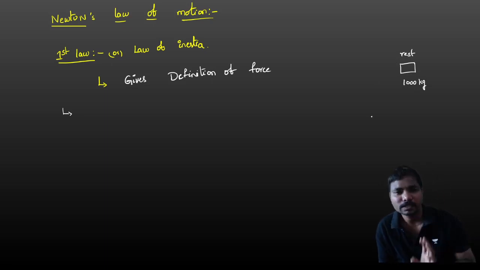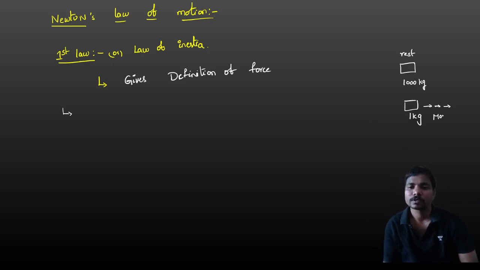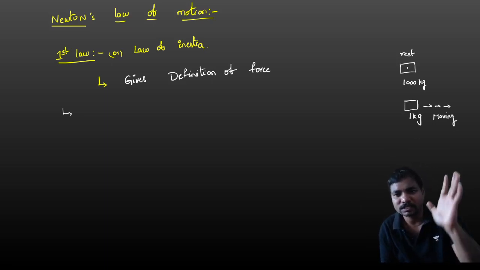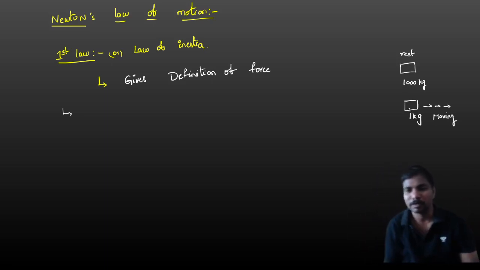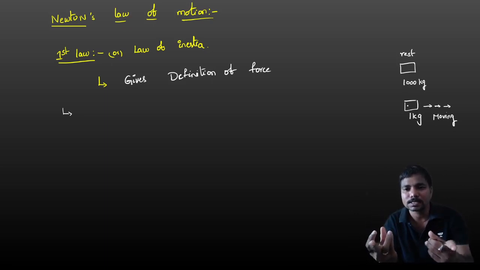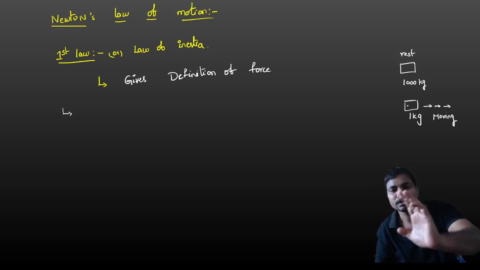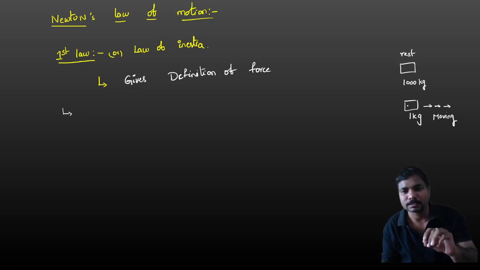If any object is moving, it is always in the moving only. If any body is at rest, that is standing still, it is always at rest only. If any body is moving, it is always in moving only. Unless you apply any external thing, up to that, it is always at rest, it is always in the same state.